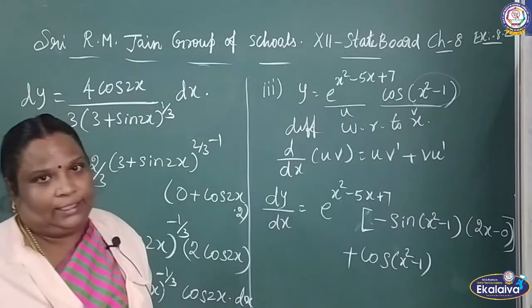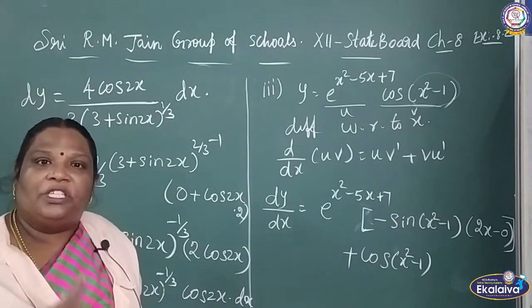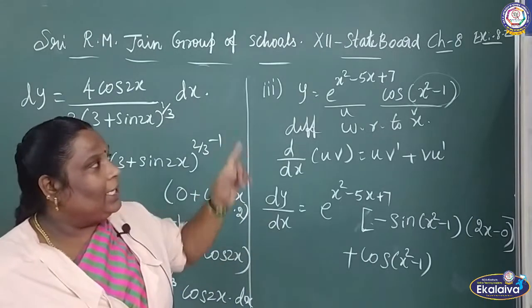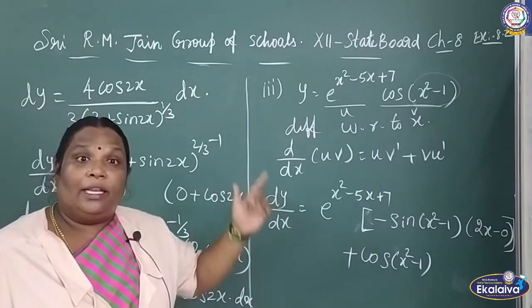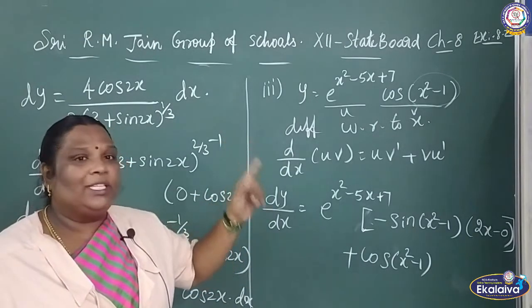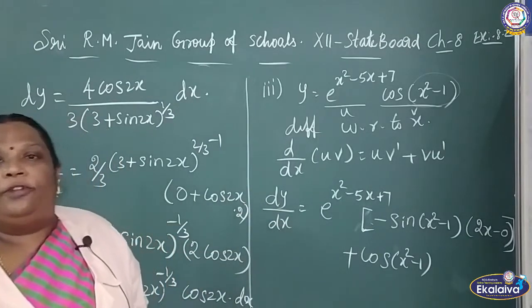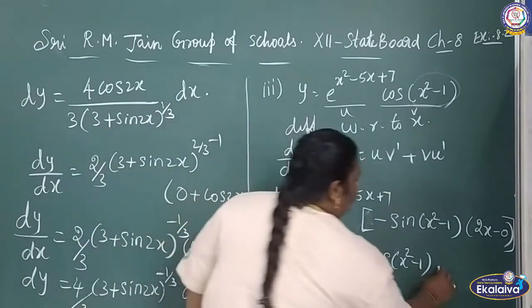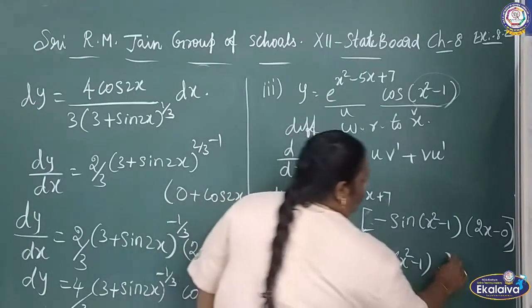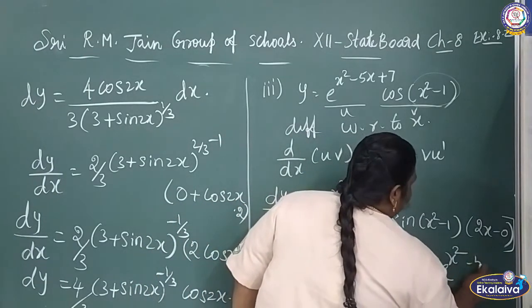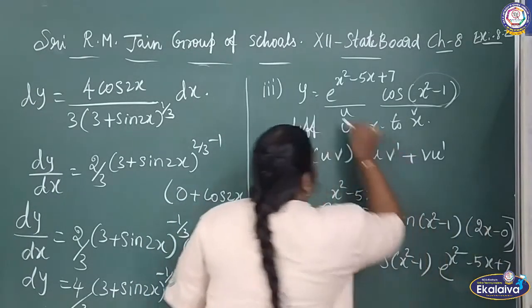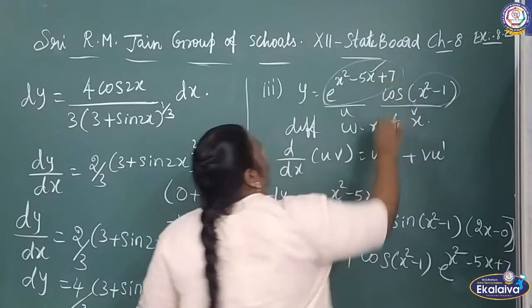If it is e power x, the differentiation is e power x. But in place of x, what is there? That is replaced by x square minus 5x plus 7. So, again you will differentiate. First, that e power x part is over, then you move on to the second one.